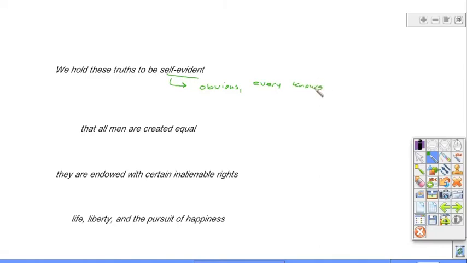If I walked into class and I was blowing my nose and I was coughing and I was sneezing, you might say it is self-evident that Mr. Bear is not feeling well today. Just by looking at it, anybody can tell Mr. Bear is not feeling well. So we hold these truths to be self-evident. We believe it is obvious that all men are created equal. Very simply, no one person is better than another.